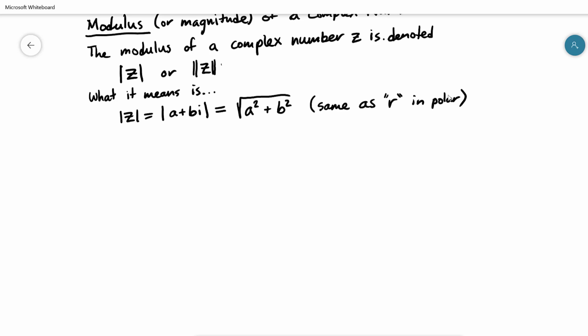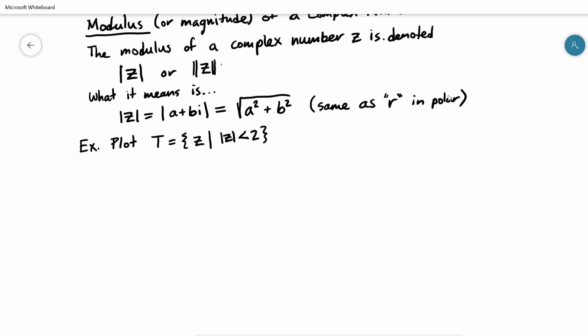So if I wanted to, for example, ask you to plot using the same set notation, so T is going to be the set of all z such that the modulus of z is less than 2.